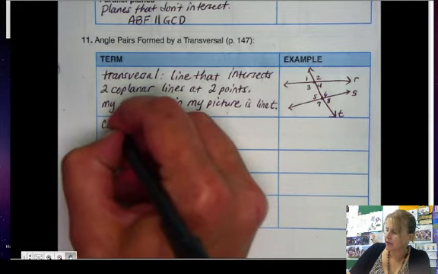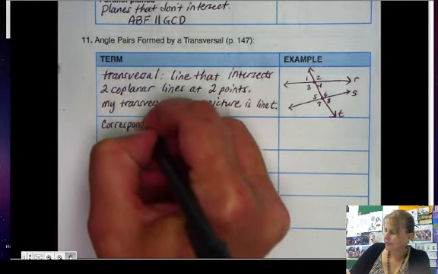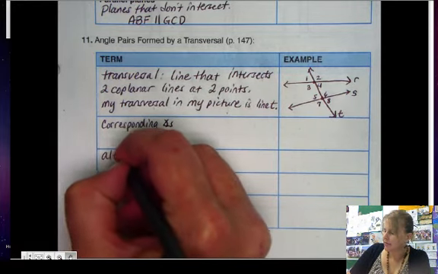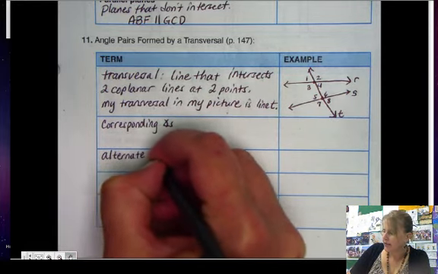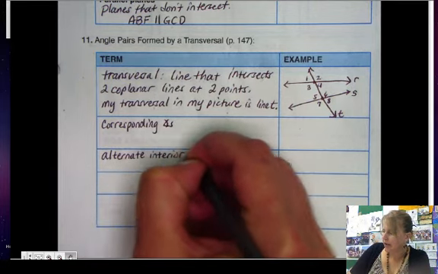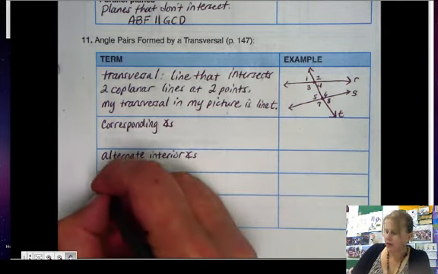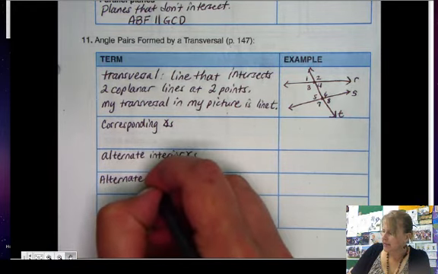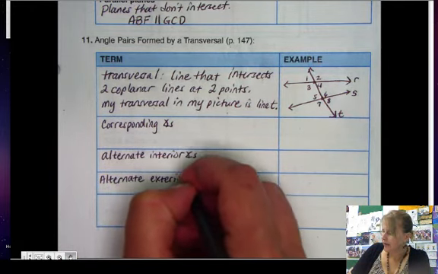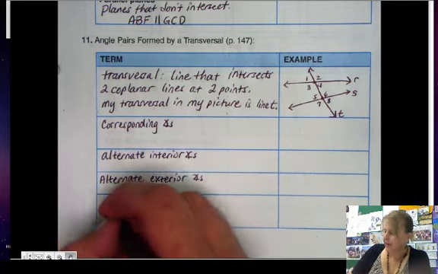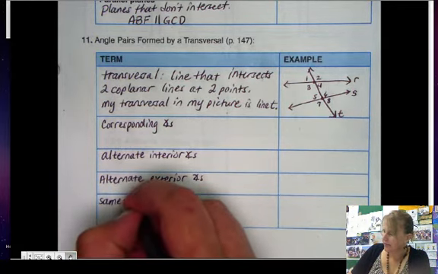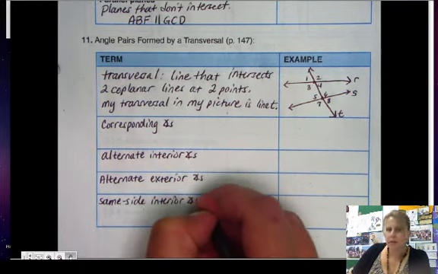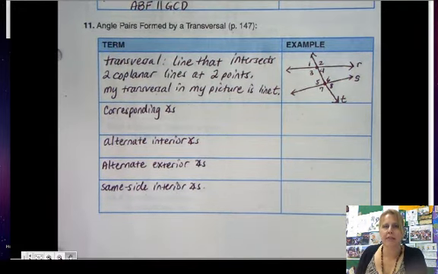They're corresponding angles, we have alternate interior angles, we have alternate exterior angles, and we have same side interior angles. Okay, those are 4 different types of angle pairs.